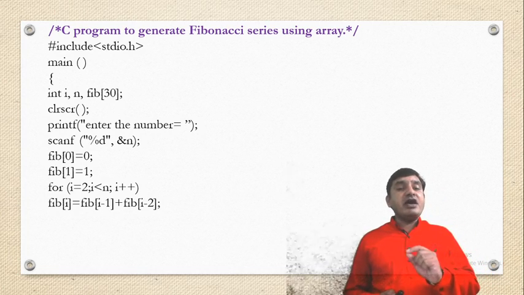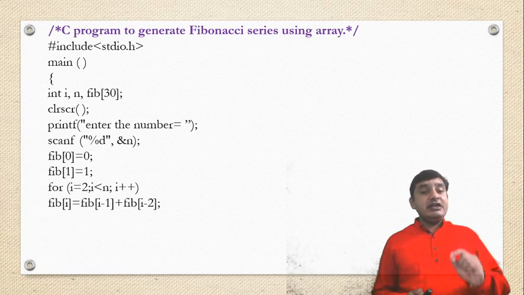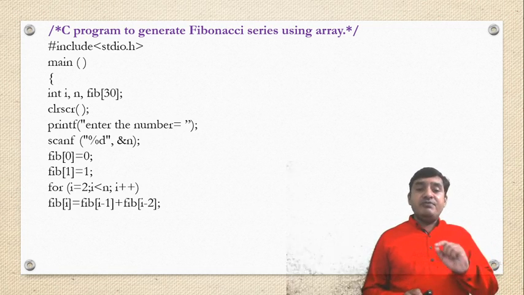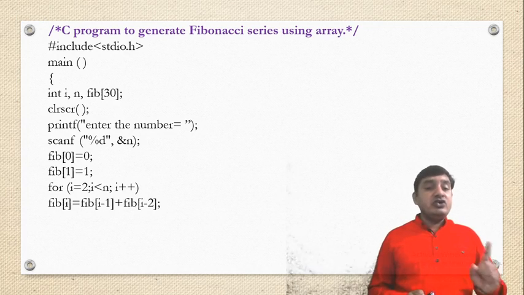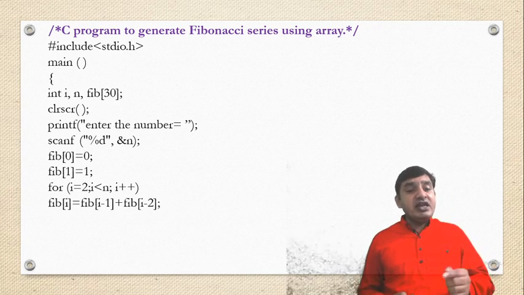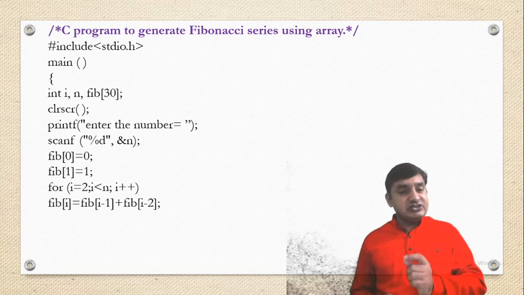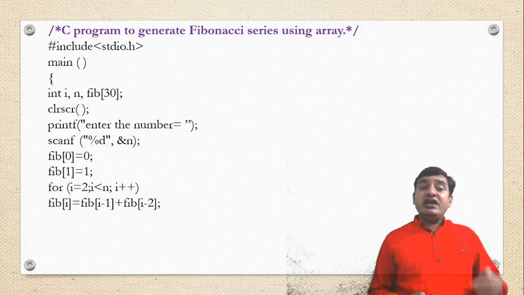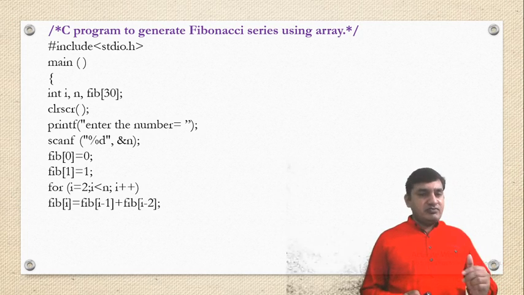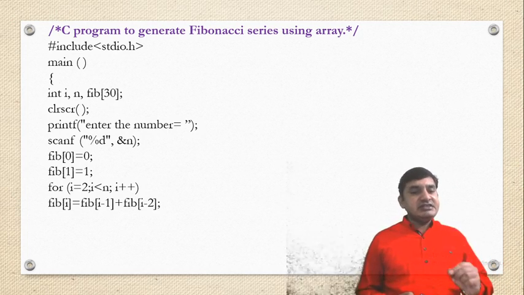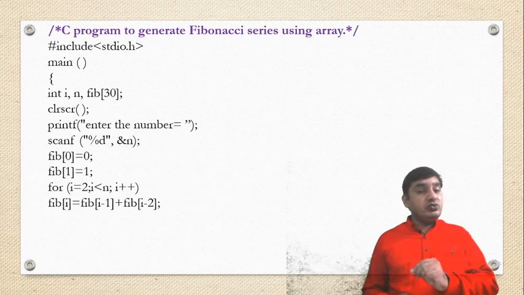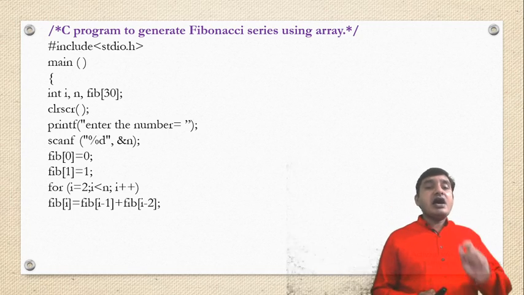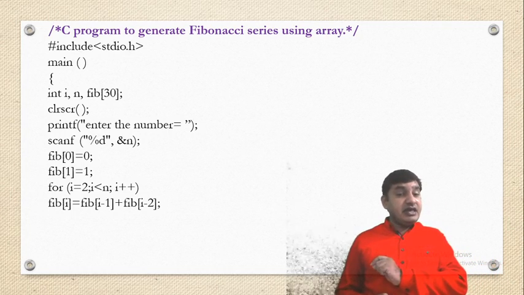FIB[i-2] indicates 2 minus 2, which is 0, and FIB[0] is 0. So 1 is added to 0, or simply we can say 0 is added to 1, so that we get the third term of the Fibonacci series, that is FIB[2]. This process is carried out up to i less than n.